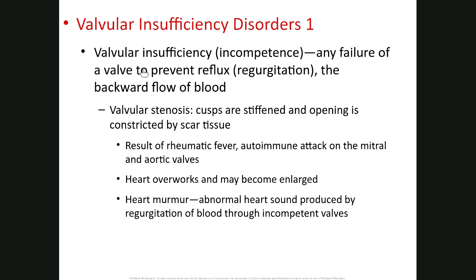Any failure of a valve to prevent reflux, then you will have a backward flow of blood. It will make a murmuring sound, which is termed as heart murmur. It would be like water escaping through a leak, something like that, heart murmur. When the valves are hardened or stenotic, they can stiffen and the opening can be constricted by scar tissue.